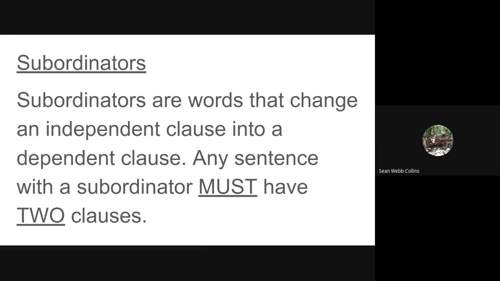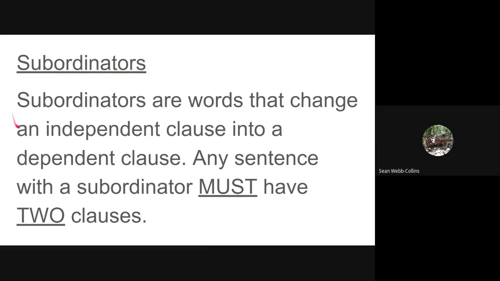Can you tell me? That's right, time. We often use subordinators as part of time sentences. For example, after, as soon as, before, whenever, when, or until.